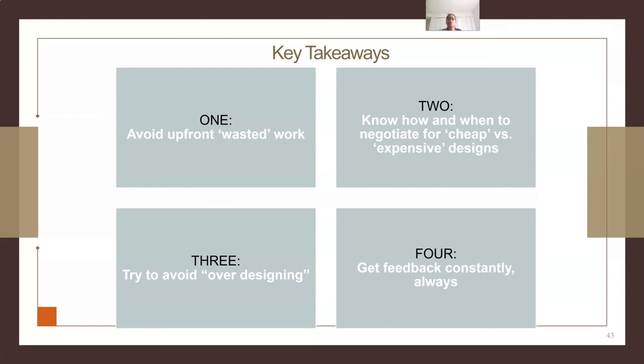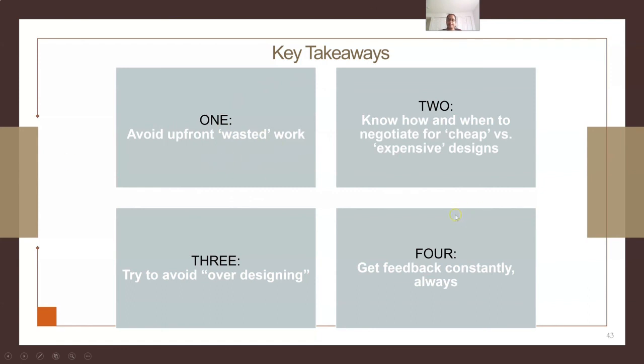Many designers follow this practice anyway by using storyboards, wireframing, process flows, and low fidelity proofs to help communicate a concept. So this is one of the key takeaways, that is avoiding wasted work.